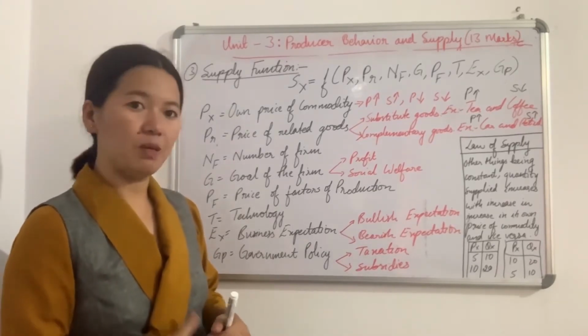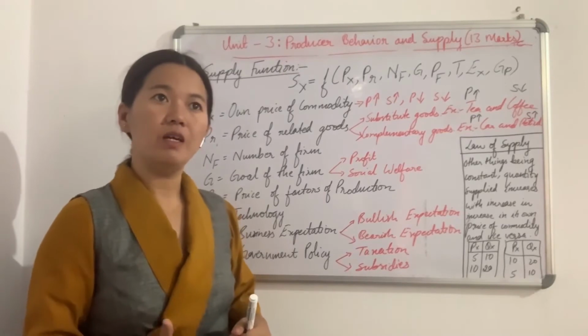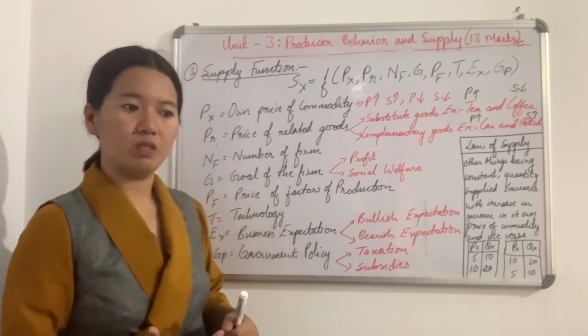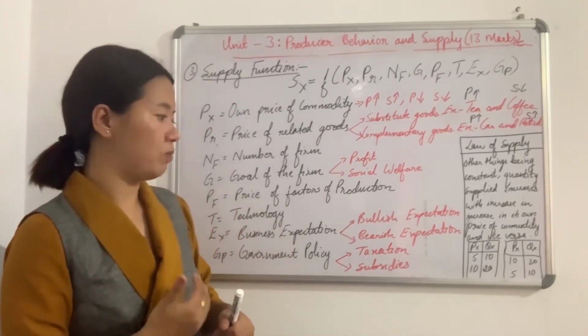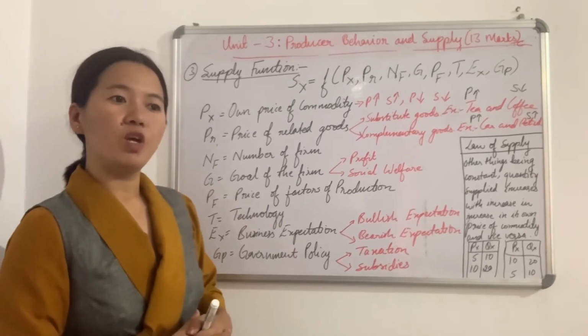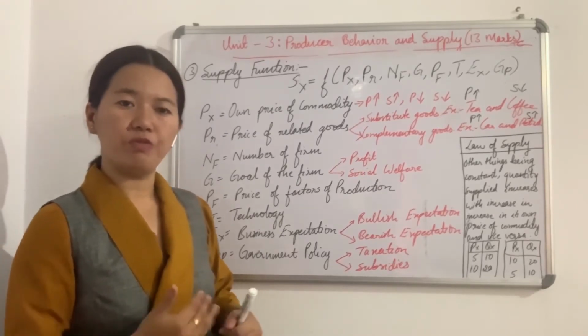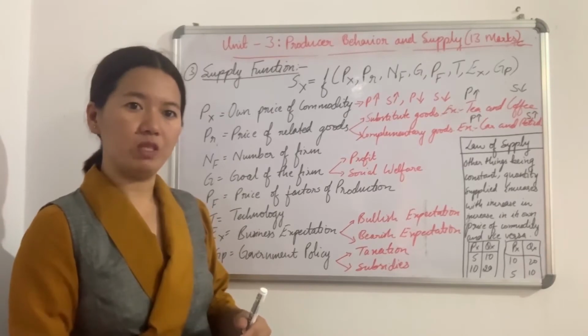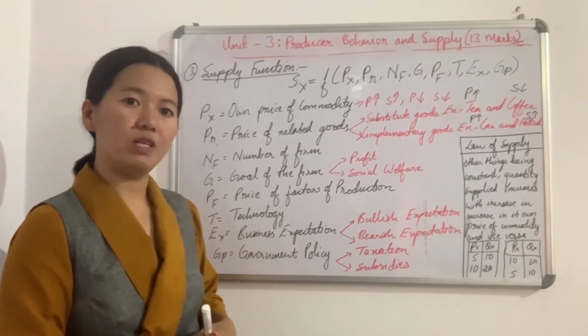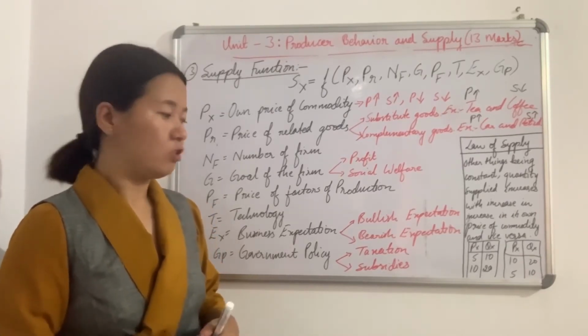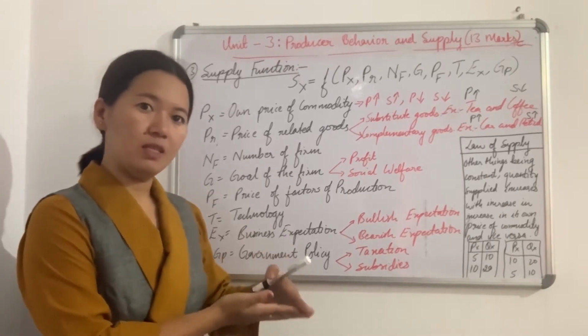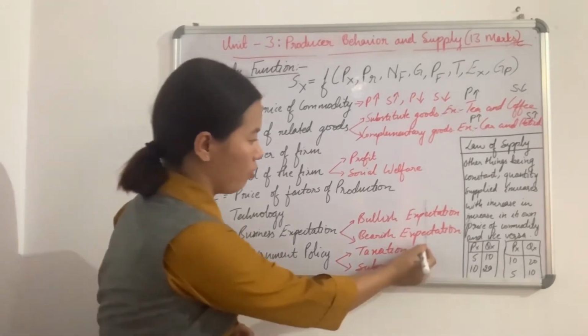And subsidy is the assistance given by the government. And when there is a subsidy provided by the government, then the cost of production of the producer would fall and he would get more profit. Therefore, his production or his supply will increase. So when there is taxation, the supply would fall.